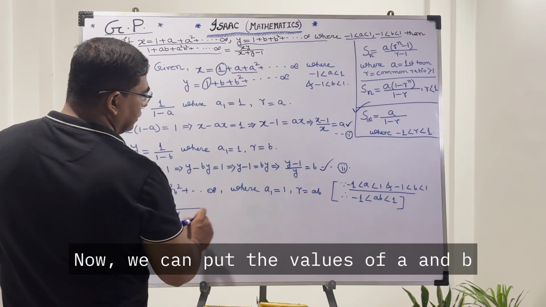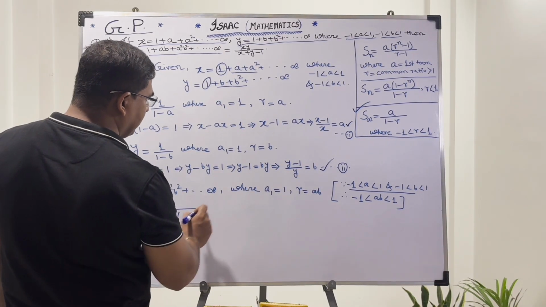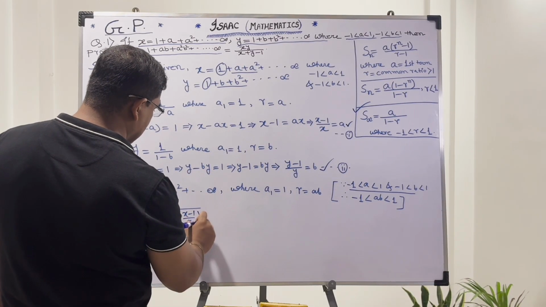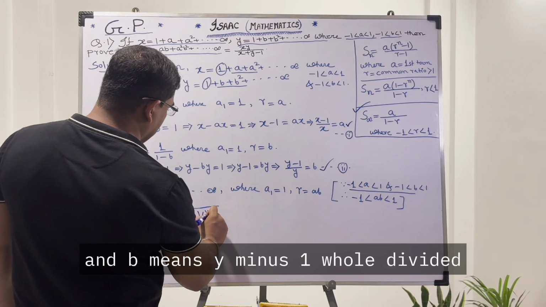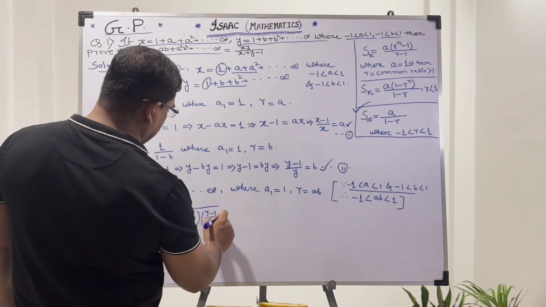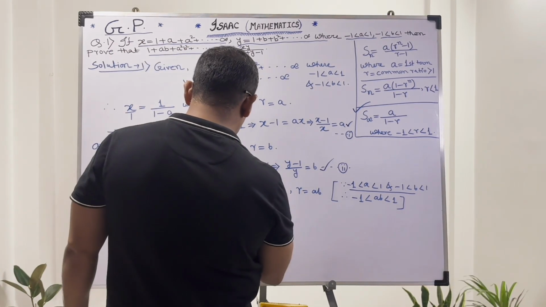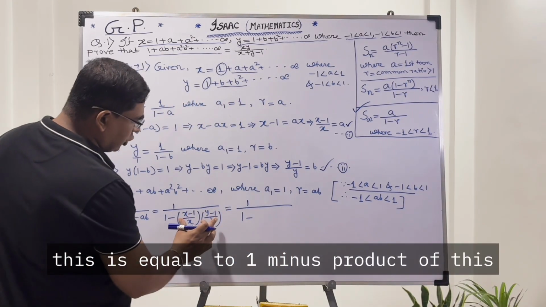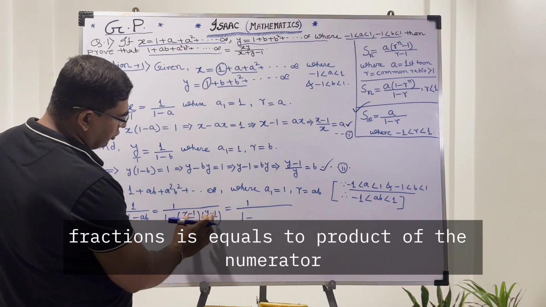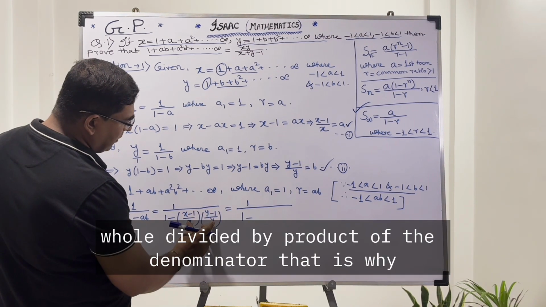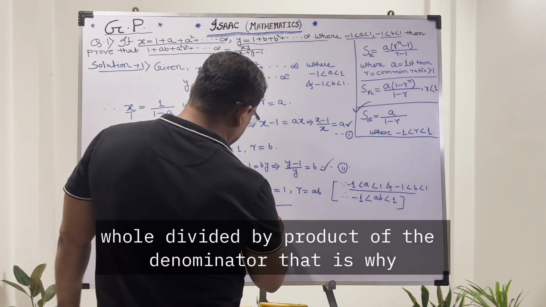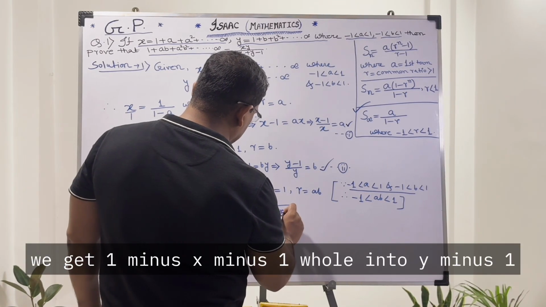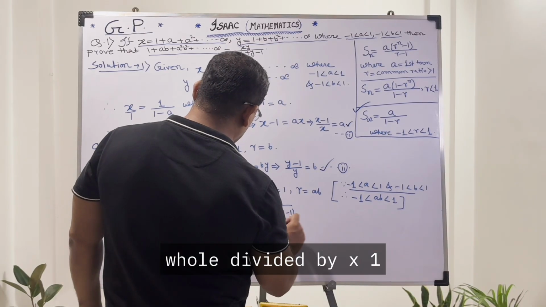Now we can put the values of a and b. a means x minus 1 whole divided by x, and b means y minus 1 whole divided by y. This is equals 1 minus the product of these fractions, which is the product of the numerators whole divided by the product of the denominators. That is why we get 1 minus x minus 1 whole into y minus 1 whole divided by xy.